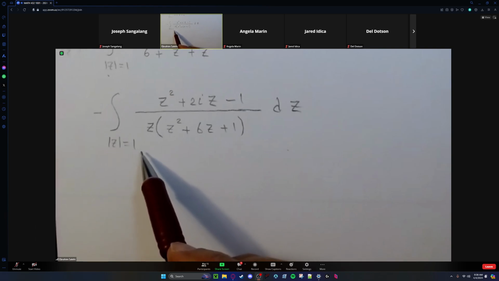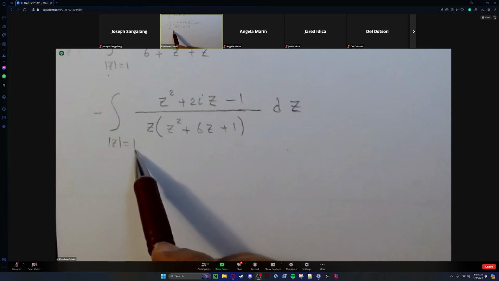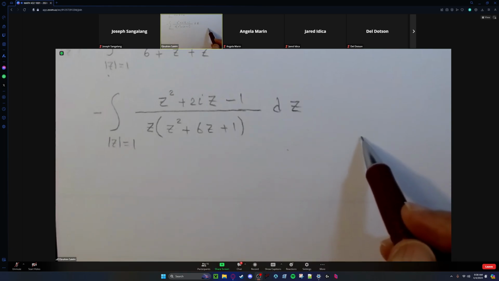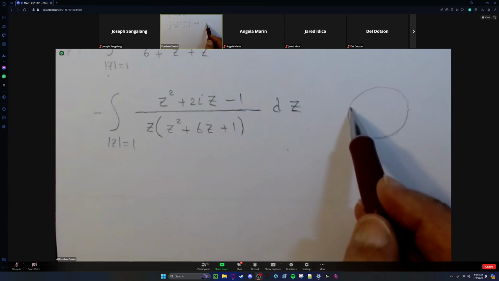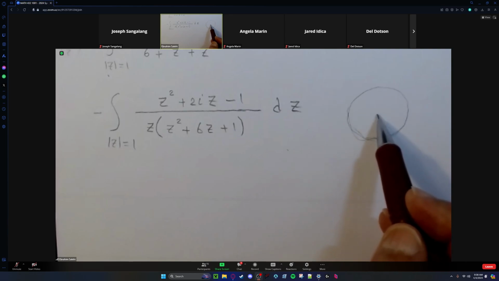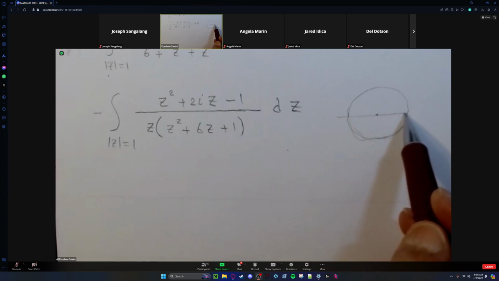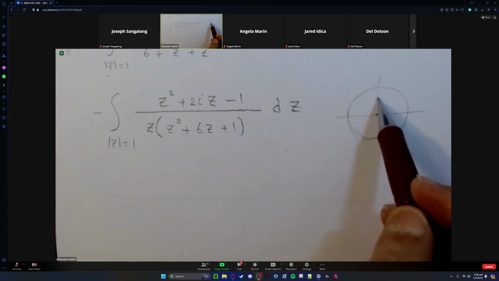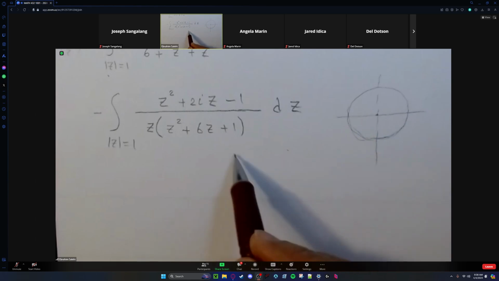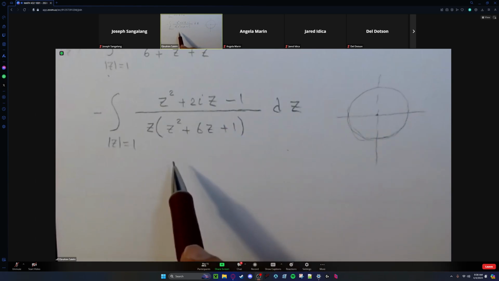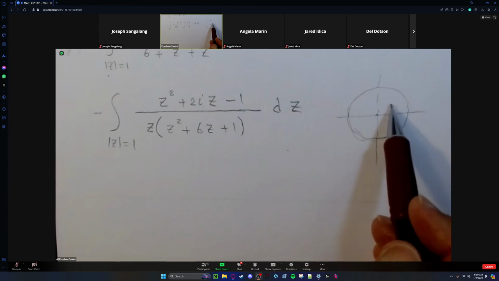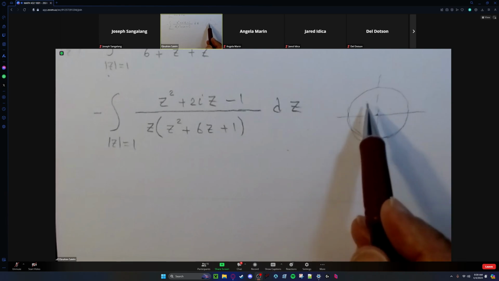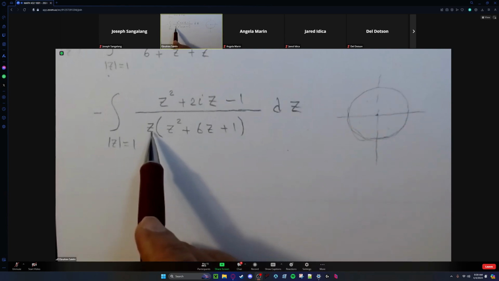Now, here we are talking about integration over this unit circle, right? And we know what happens. The integral will be 2 pi i, sum of the residues of the singularities that are in here. One singularity is z equals 0.